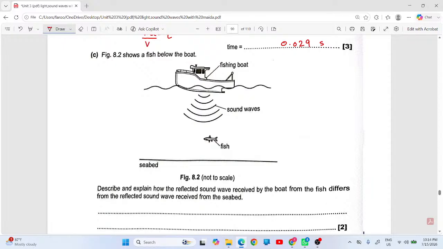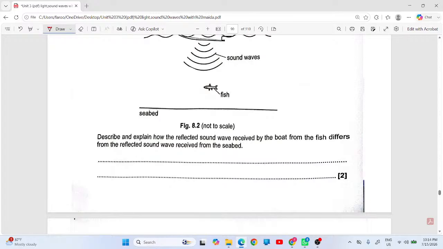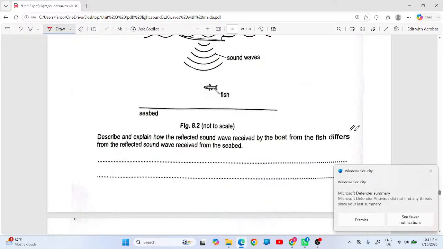Next, figure 8.2 shows a fish below the boat.